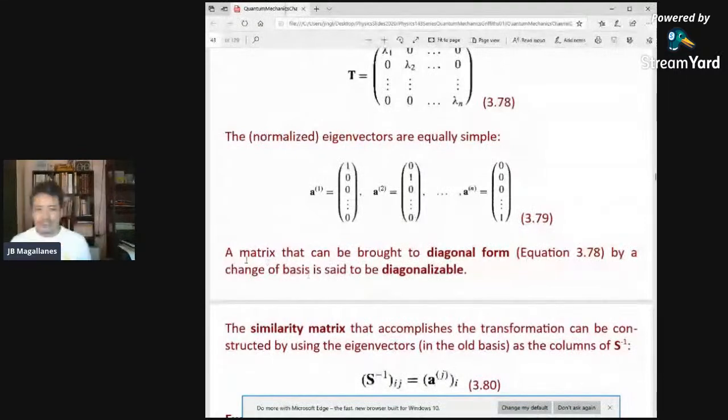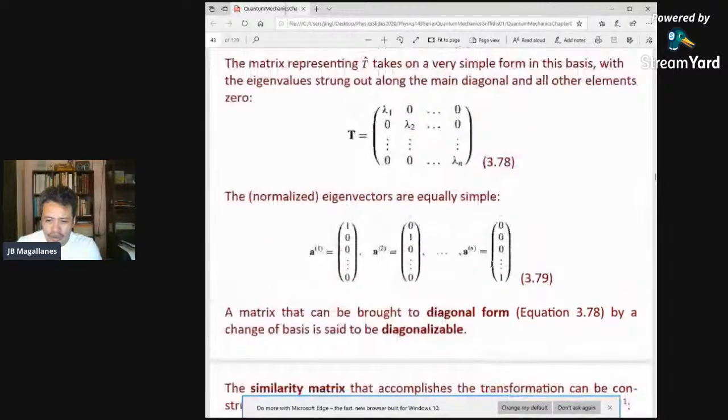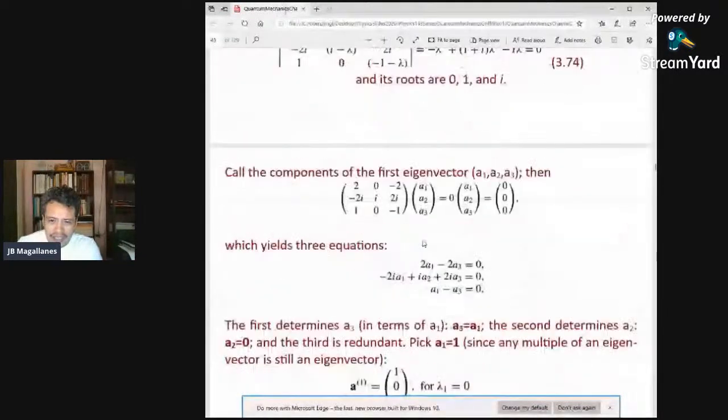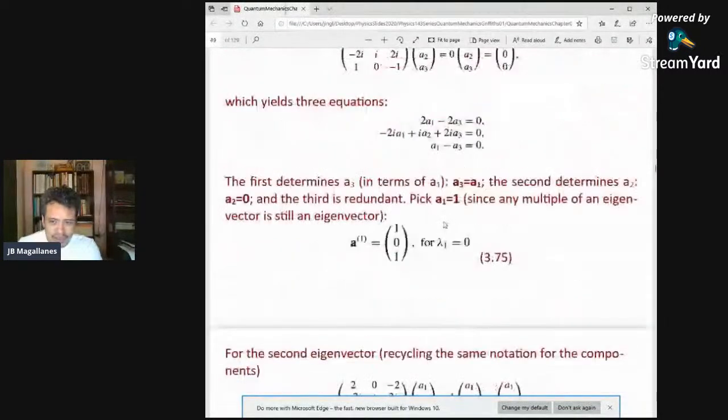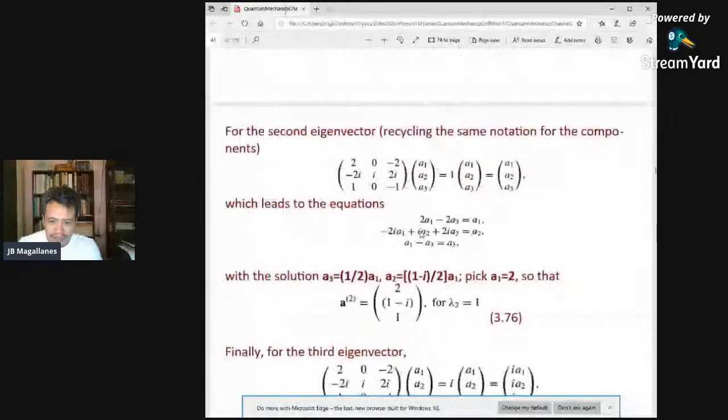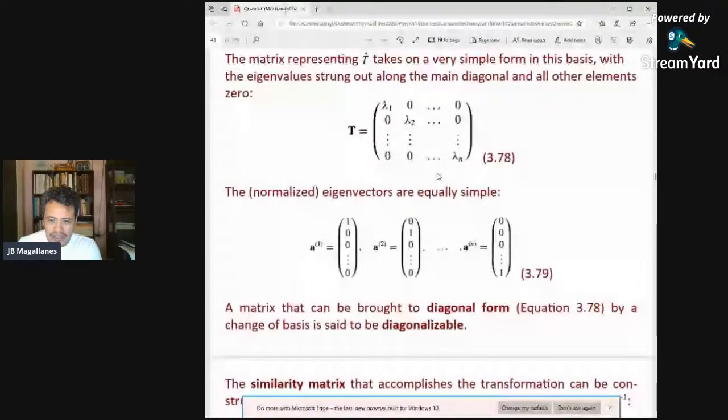So a matrix that can be brought to diagonal form by a change of basis is said to be diagonalizable. If you have a matrix, in this example, you can transform it into a diagonal matrix, which you can write like this with the lambdas, the eigenvalues.